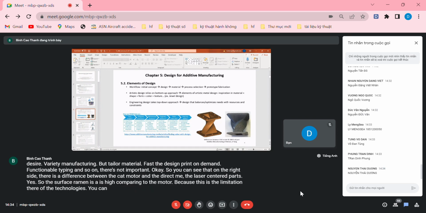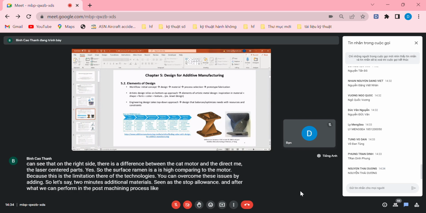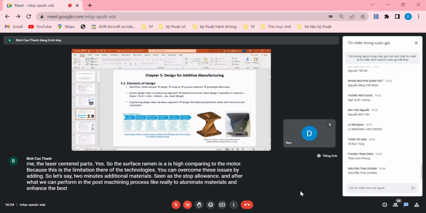But you can overcome these issues by adding, let's say, 2 mm of additional material, seen as the stock allowance, and afterward we can perform a post machining process like milling, to eliminate material and enhance the surface quality of the part. That's just one option.